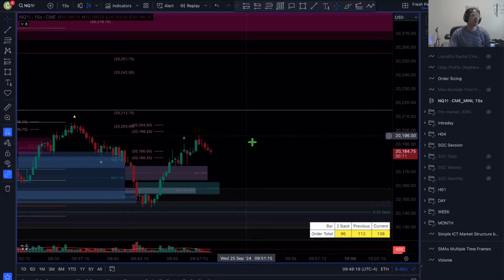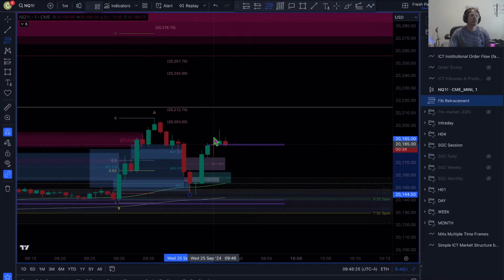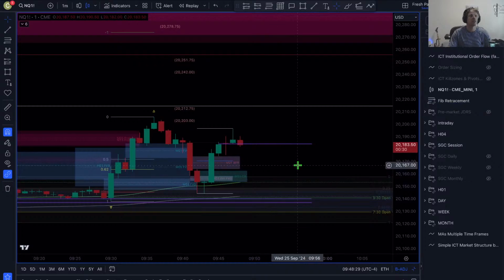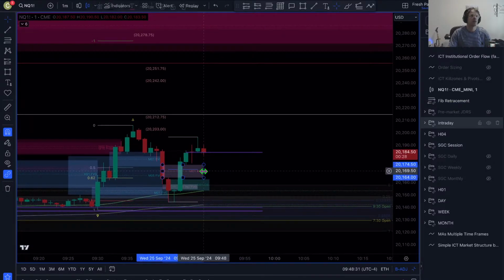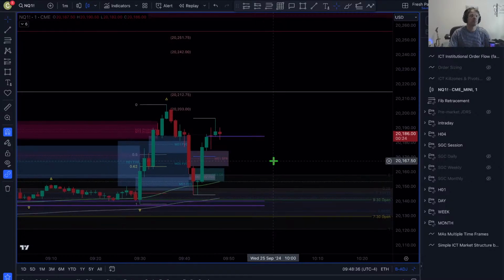We haven't met the fourth projection yet. If we were to look at this as our current range, reversal structure, back down into this BPR would be the play.